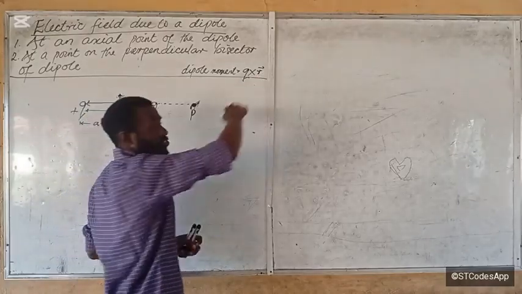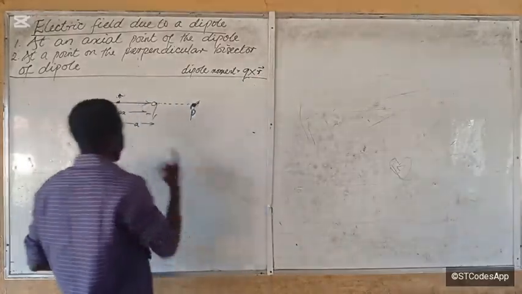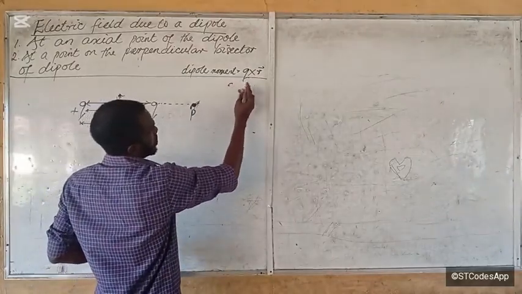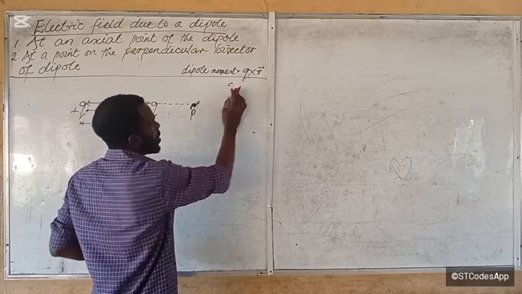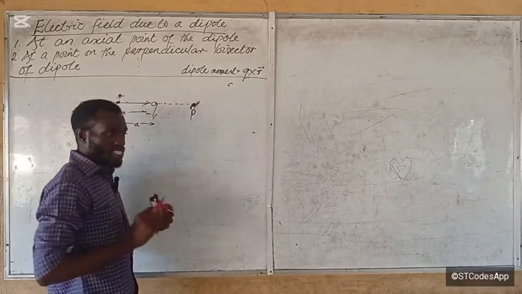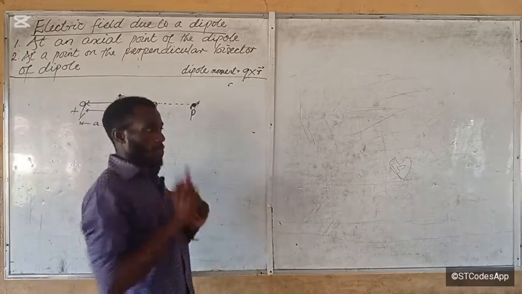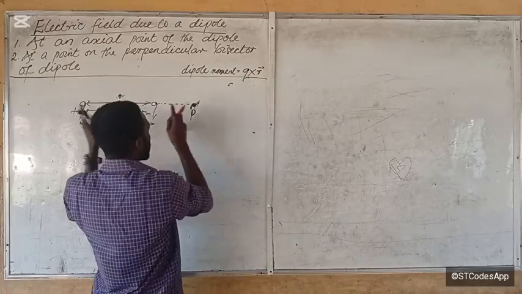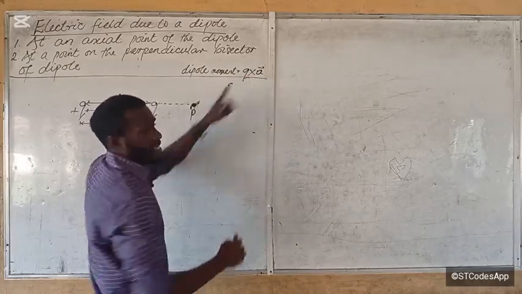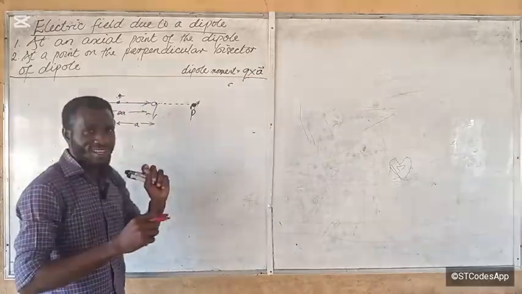Now, where R is going to be our distance, well, because we are using A here as our distance of separation, we are going to be using this R as the distance between the points and the point. So let me change this to A, since we are using A for the distance of separation. Does that make sense?